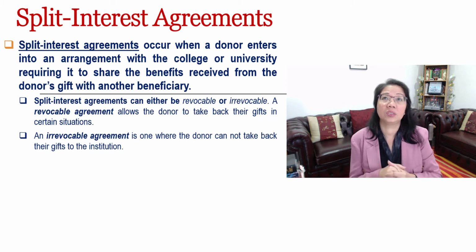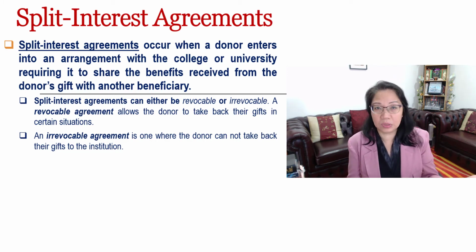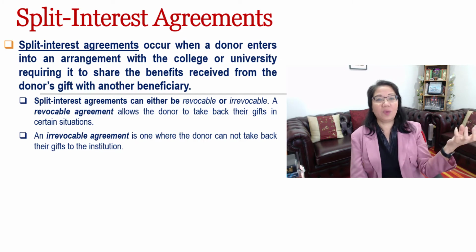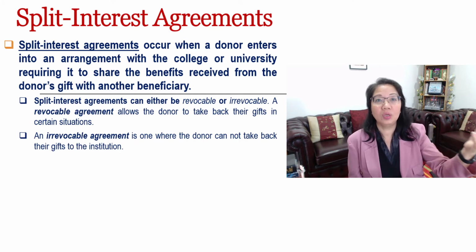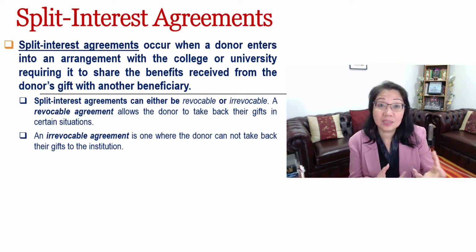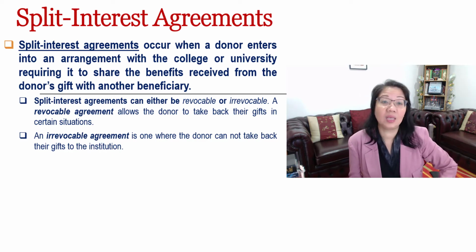So it is possible that, if I have this massive amount of money, let's just say $1 million, I am actually going to share it with the university. And so there will be an agreement that splits the interest between myself, as I'm also part beneficiary, as well as the university as the other beneficiary.